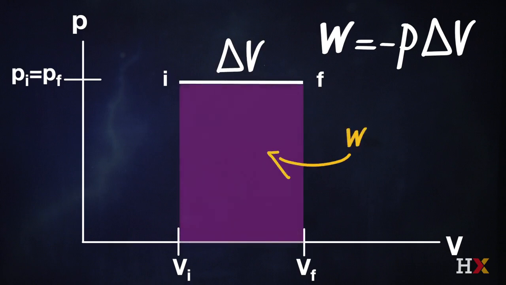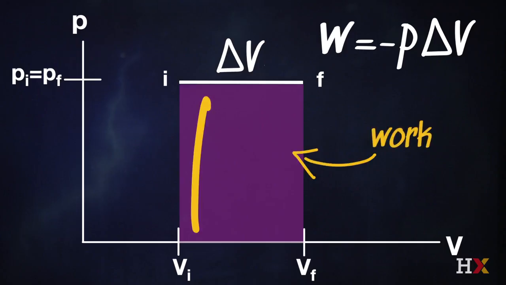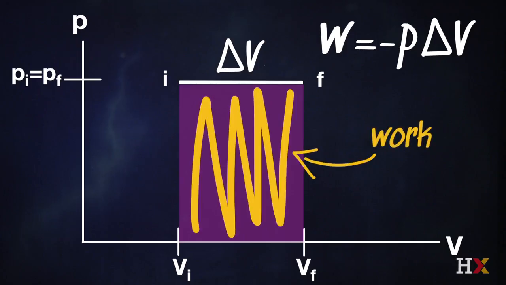So the work done in this isobaric trajectory is exactly equal to the area under that curve. And this turns out to be extremely important because no matter what trajectory we take on the pressure-volume coordinate system, the work is always equal to the area under that curve that's shown in purple here.